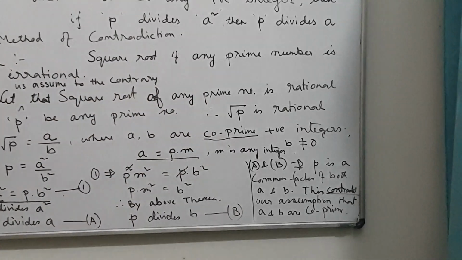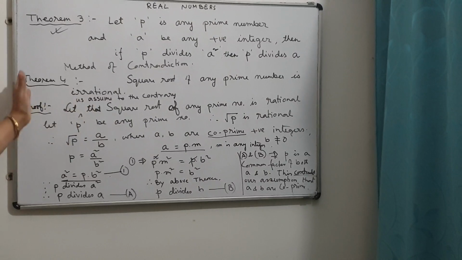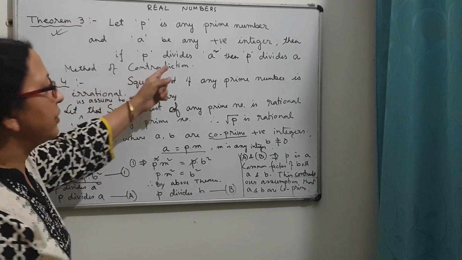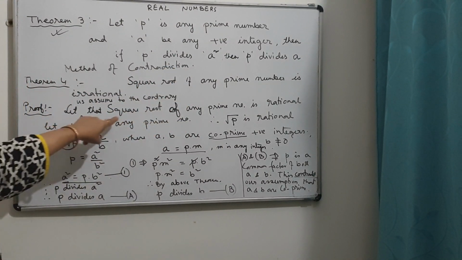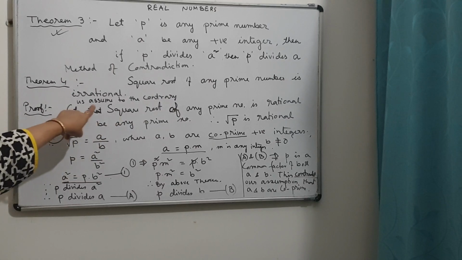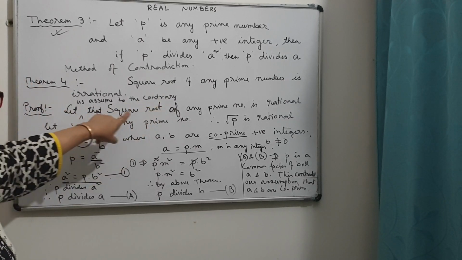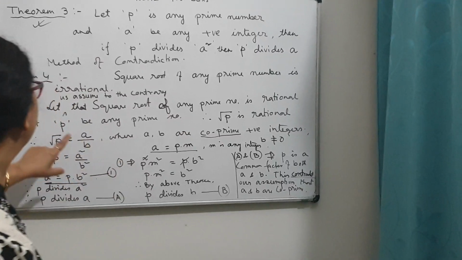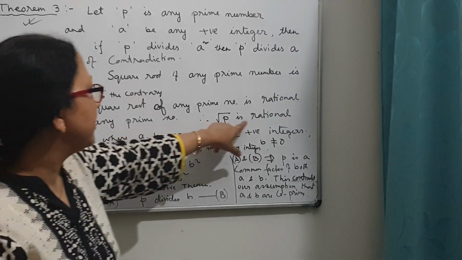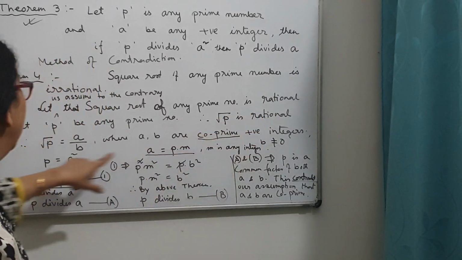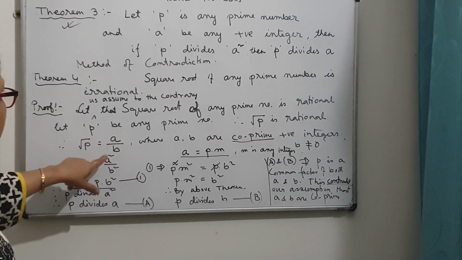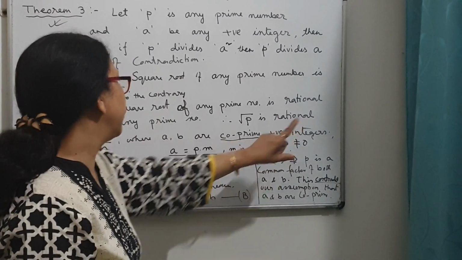Okay, so I think this is clear. When you have to prove this theorem by the method of contradiction, we assume the opposite of what is asked to prove. So we write, let us assume to the contrary that the square root of any prime number is rational. This is our assumption, so I can write it in this form where a, b are co-prime, b not 0.